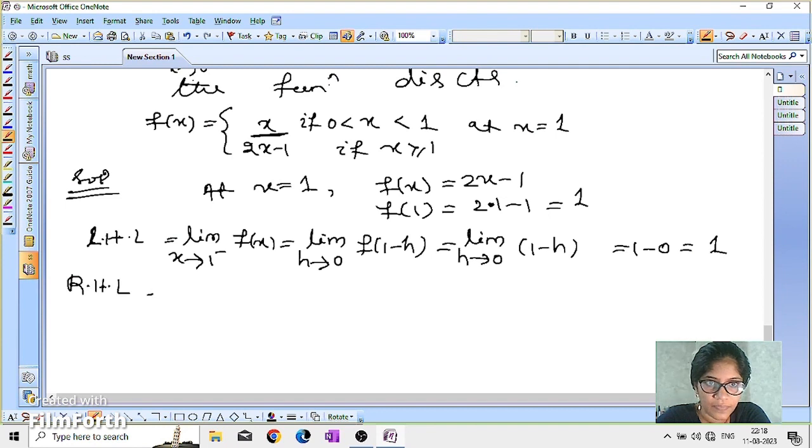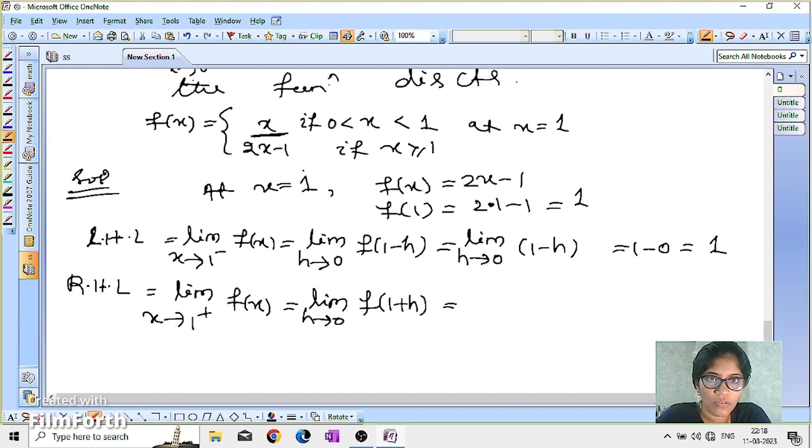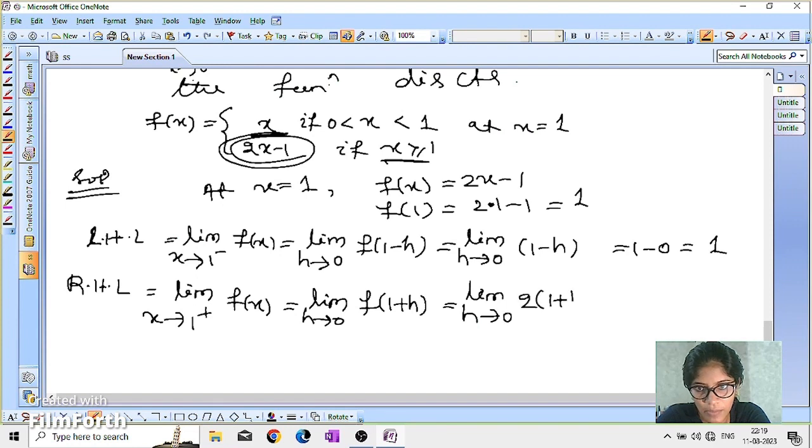Right hand limit, limit x tends to 1 plus f of x, is equal to limit h tends to 0 f of 1 plus h. For greater than 1, the function value is 2x minus 1. That implies limit h tends to 0 of 2 into 1 plus h minus 1, which is equal to 2 into 1 plus 0 minus 1, which is also 1.